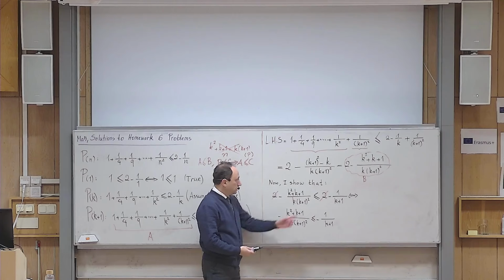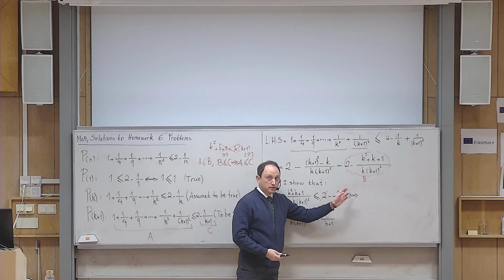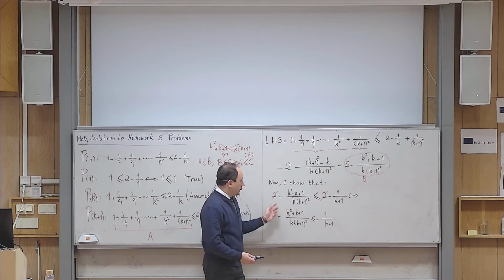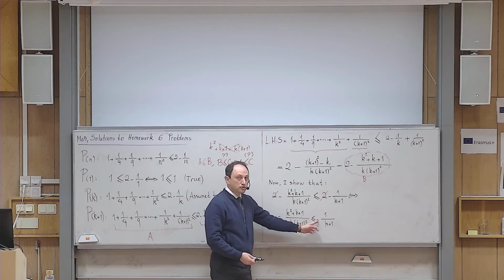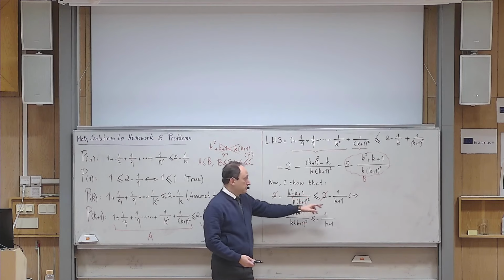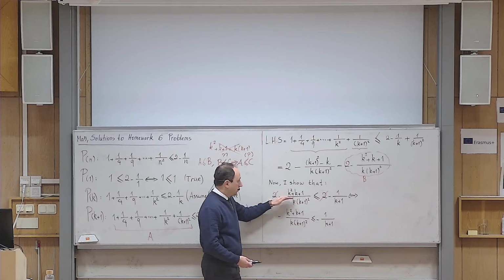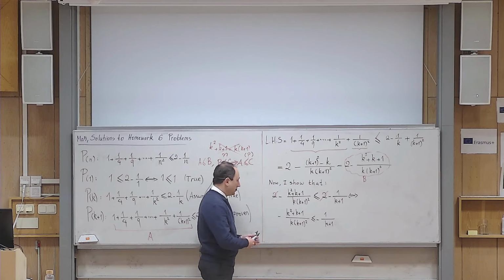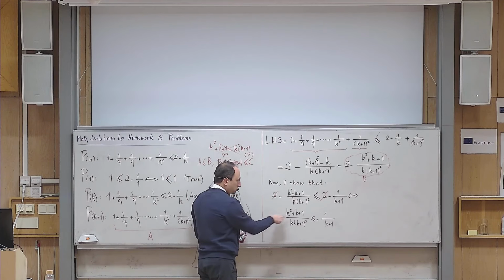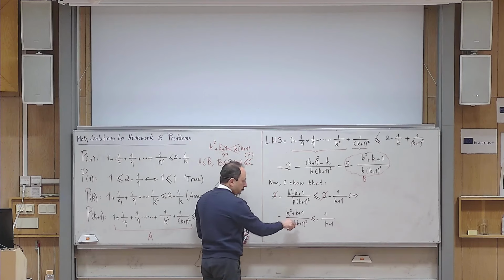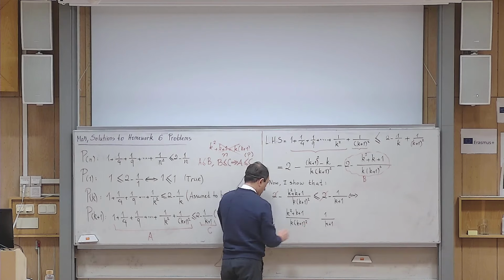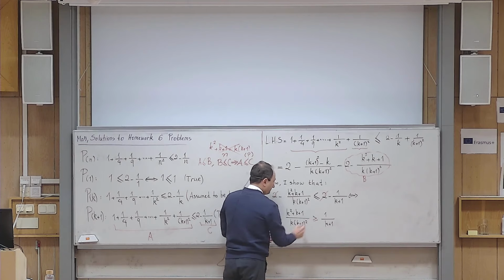But be careful. I put a double-sided arrow. This is extremely important. It means that if I want, I can go from here to here. If I want, I can go backward, because it is extremely important that they go in an equivalent way. Okay, but now, if you don't mind, let me multiply by a minus sign. When I multiply by a minus sign, it will be flipped. So it becomes greater than or equal to that.